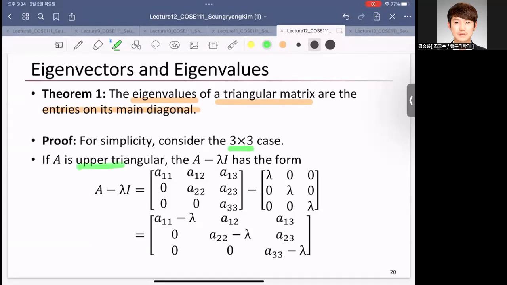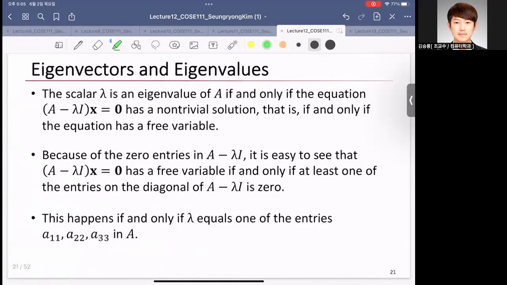If A is upper triangular, A minus lambda I has this form, where A is upper triangular as defined here and lambda I is the 3x3 identity matrix. Then it is going to be a11 minus lambda, a12, a13, then a22 minus lambda, a23, then a33 minus lambda. The scalar lambda is an eigenvalue of matrix A if and only if the equation (A minus lambda I) x equals 0 has a non-trivial solution.